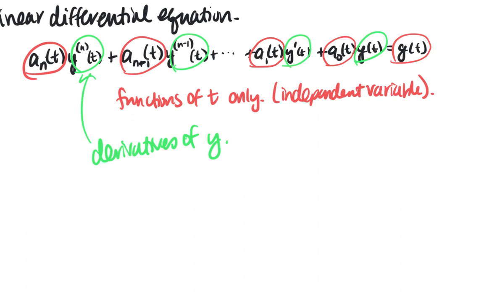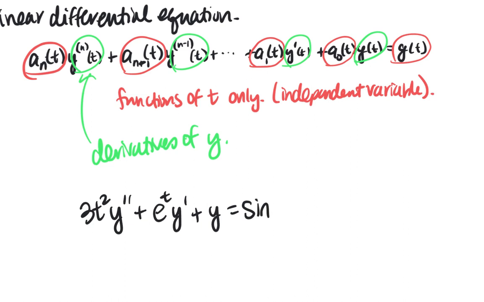So here's an example. I'm just going to make something up. Let's just use y and t here. So say I have 3t squared y double prime plus e to the t y prime plus y equals sine of t.